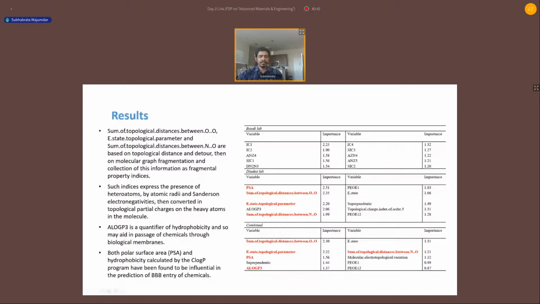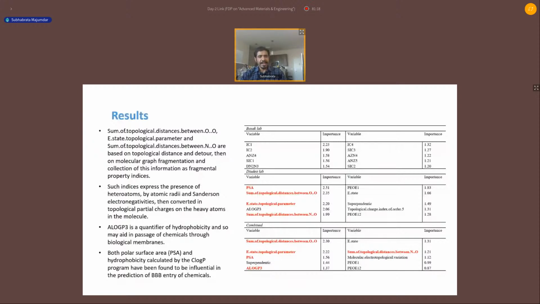On the other side, for the second set of descriptors, we found these 4 or 5 descriptors present in both the combined and their own set of models. All of these, the first 3 at least, express the presence of heteroatoms. And the fourth one, A log P3, is a quantifier of hydrophobicity.